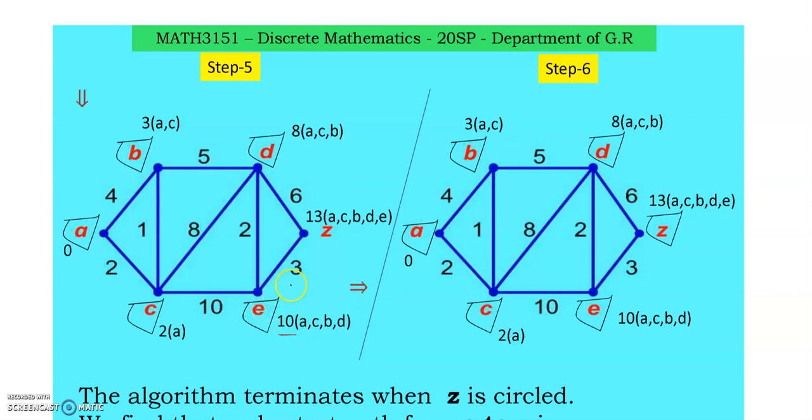Now what do we have to do? We have to calculate for Z. Now we have fixed the minimum for all the vertices. That's why I put a circle here. I marked circle, circle, circle here, circle here, circle. So now we have to write the distance for Z. Now A, C, B, D, E, because here I got 8 for D, here I got 10 for E. So now here 8 plus 6, 14.